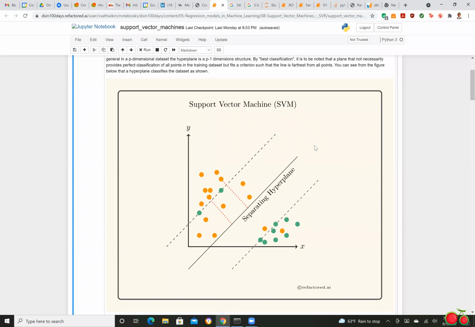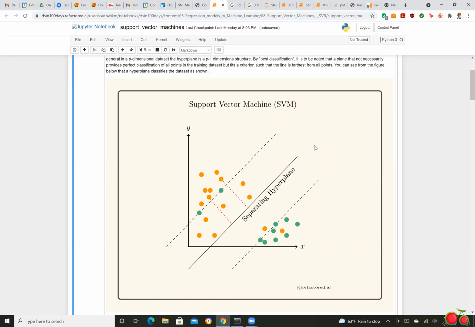Classification itself means finding two distinct groups in your data, and then drawing a line or a decision boundary, a dividing line across these two groups so as to separate the data into two different groups. Okay, and that's exactly what is happening in this particular image that you see on screen, right? It's a support vector classifier that you're seeing here, right?